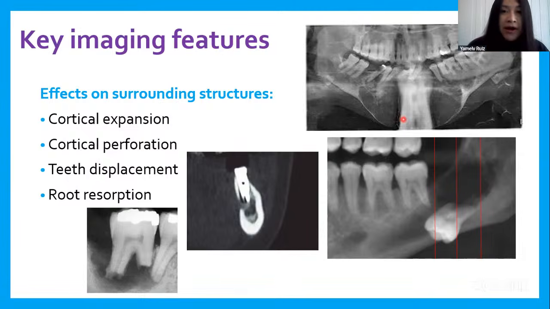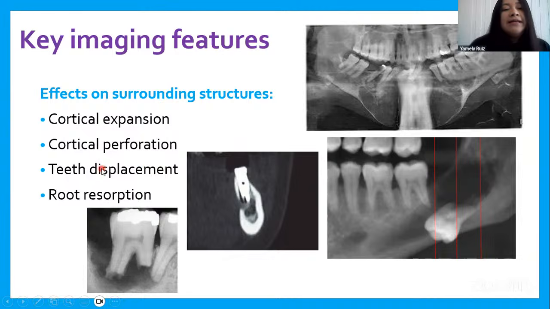They could be separate, but sometimes the two are in the same lesion. So cortical perforation means that in this image, when you are seeing the border, lingual, vestibular, palatine, or basal in the case of the jaw, you can see the solution of continuity. So this is the cortical perforation, the loss of this part of bone.